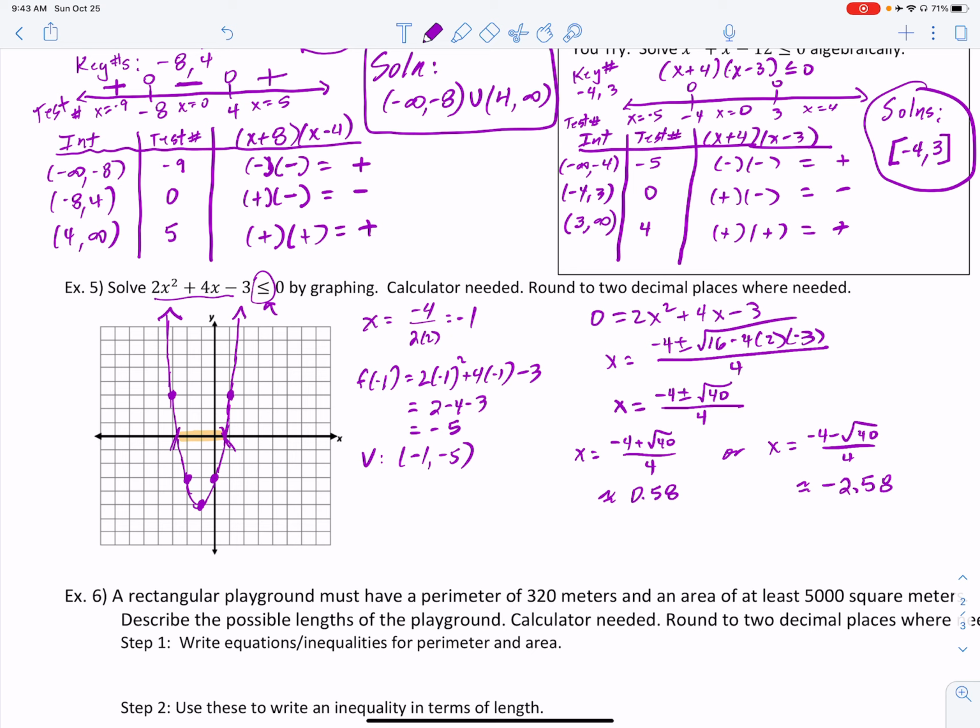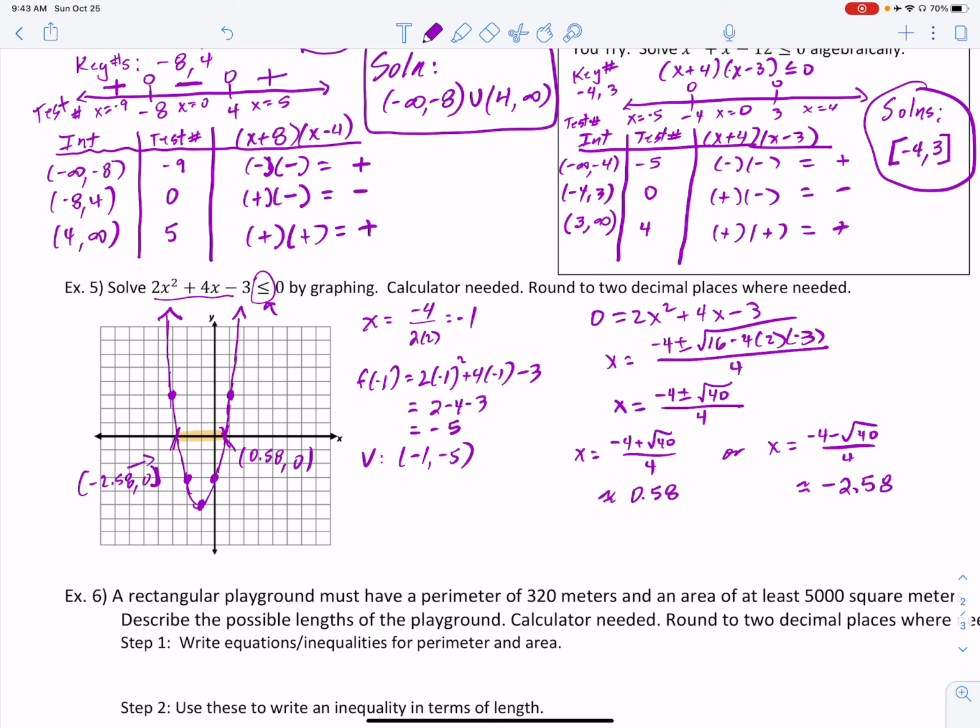And so that means this x-intercept must be (-2.58, 0) approximately, and this one is (0.58, 0). So it agrees with where, visually, graphically, they were in there. So those are the two x-intercepts.